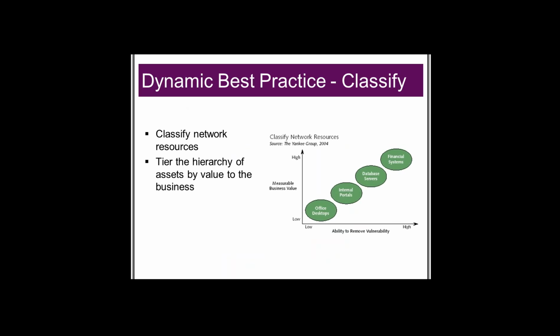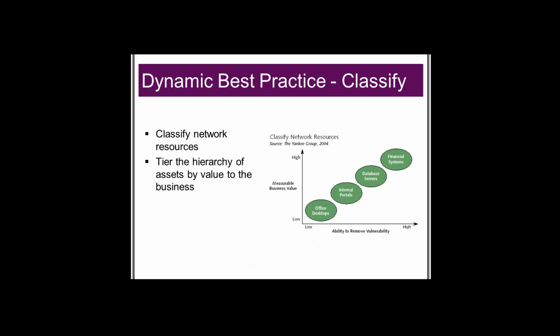So first we classify our network. We're going to identify and classify network resources to see, of course, what we have, what type of things we have. I talked a little bit about the law of half-life, and I told you that it tells us about 50% of network resources will be protected within the first 30 days of an enterprise, when our enterprise is aware that a vulnerability exists.